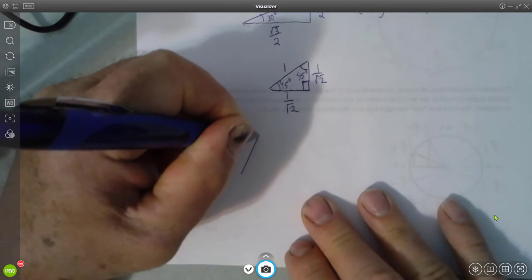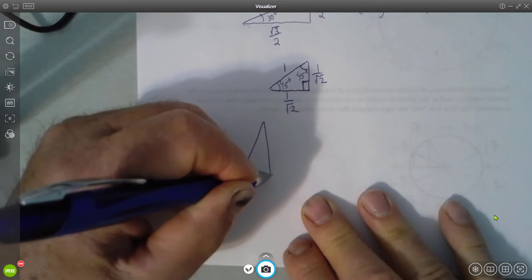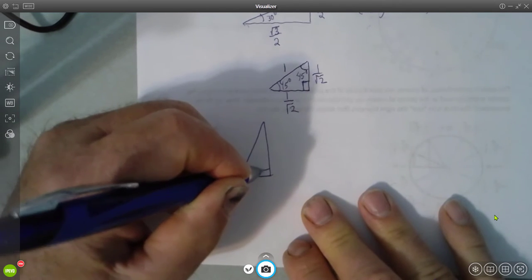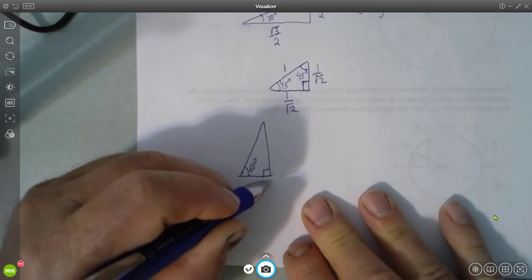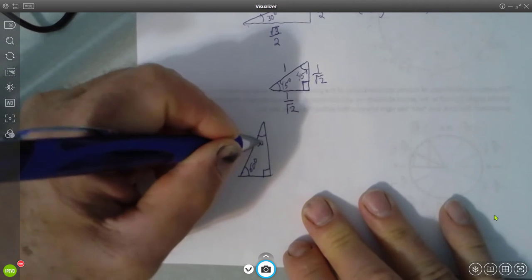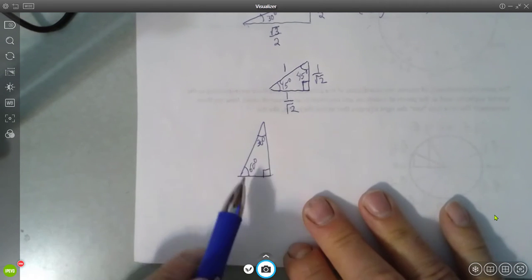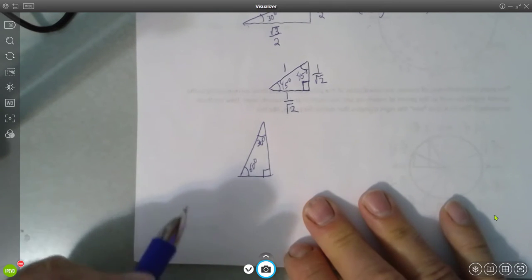This comes up at a 60-degree angle. This is the perpendicular to the x-axis. That's a right angle. This is 60. 60 plus 90 is 150. We need 30 more. So we do once again have a 30, 60, 90 right triangle. We just aren't used to seeing it drawn this way.